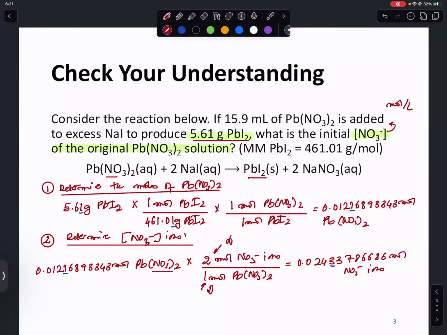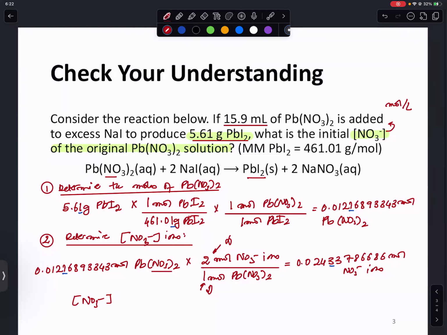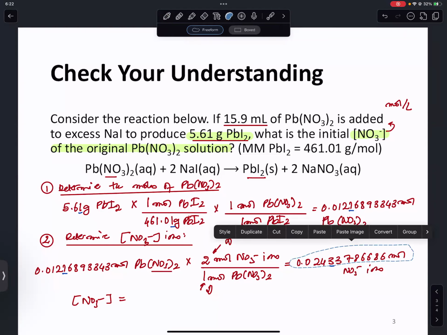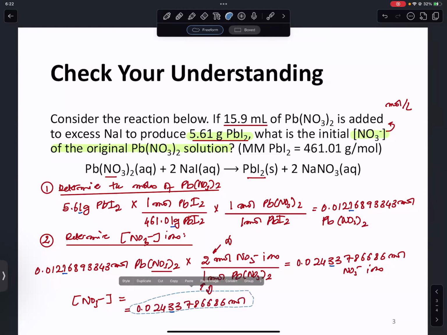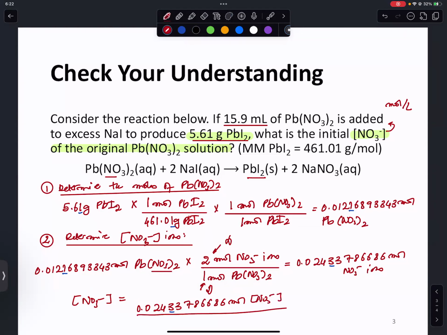And then finally, the molarity of the nitrate ion. We started with 15.9 milliliters of solution. So I'm going to take here the moles of nitrate ions divided by the 15.9 milliliters.